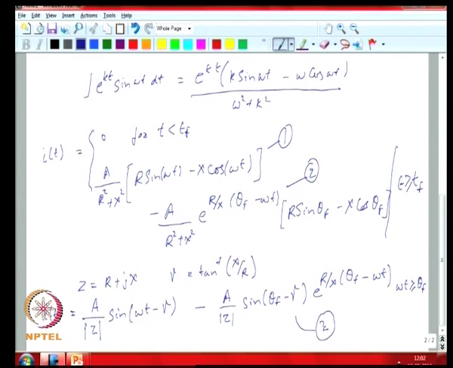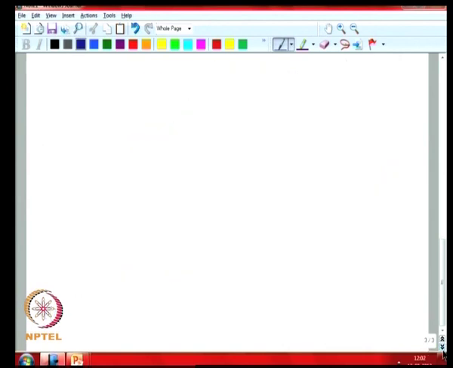Okay. So, for a given x by r ratio, if theta f is less than gamma, a transient exponential term is being added.